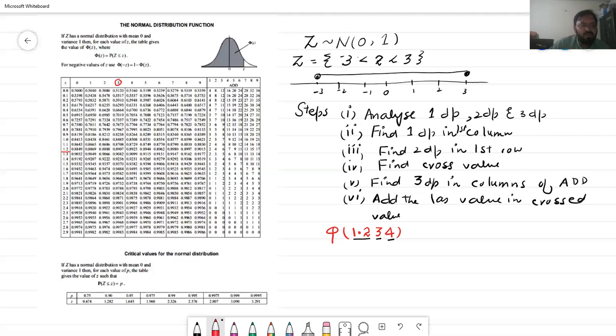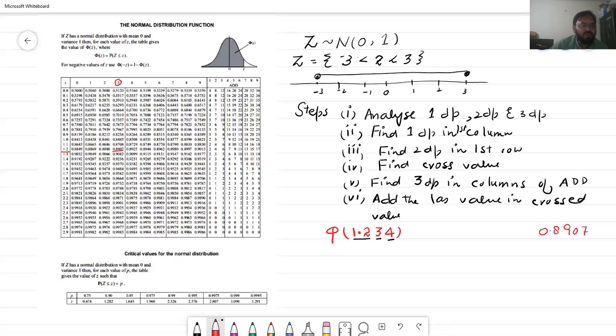The cross value is 0.8907. Am I right? So first of all, you have to observe the one decimal place digit in the first column, where we have the Z. Second, find the second decimal place in the first row. Find the cross value and you will get this one.